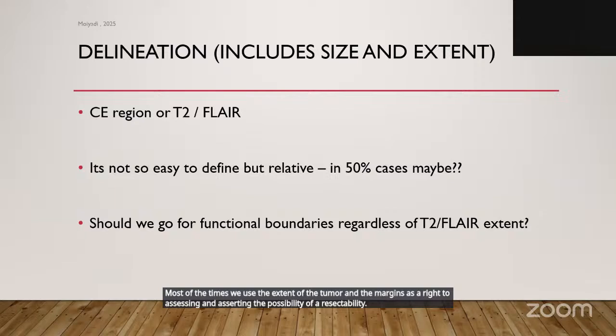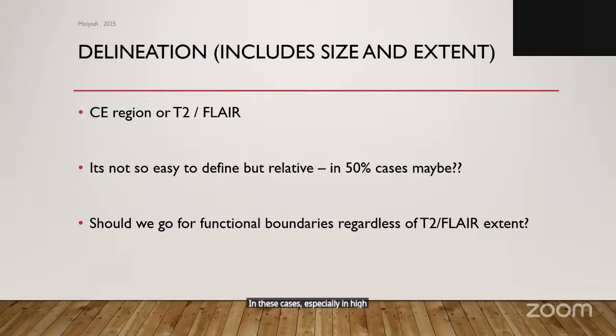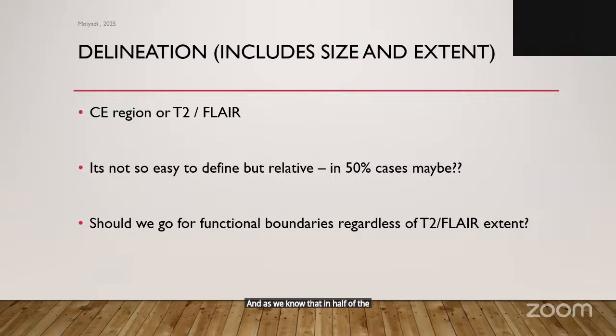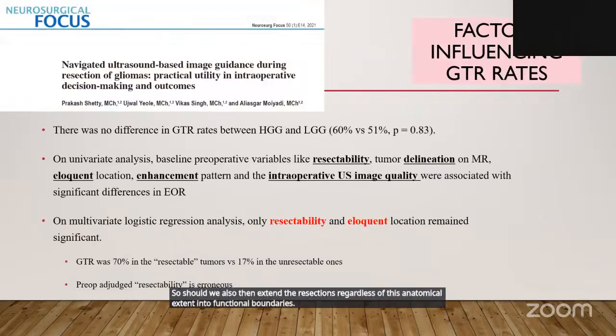In these cases, especially in high-grade tumors, is it the contrast enhancing margin or is it the T2 FLAIR? These are again questions that we need to answer. And as we know that in half of the cases, this may not be possible to resect. So should we also then extend the resections regardless of this anatomical extent into functional boundaries?